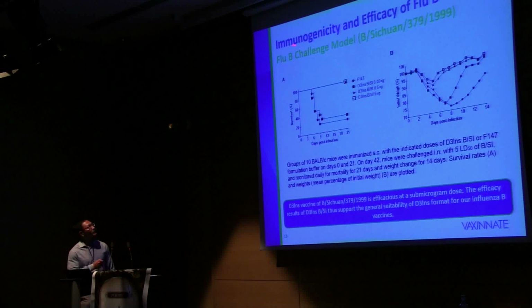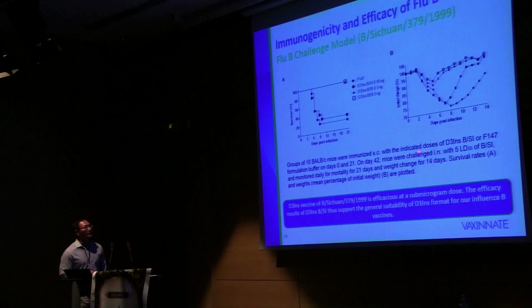In the mouse challenge study, a group of 10 BALB/c mice were immunized subcutaneously with 0.05 or 0.5 micrograms of vaccine candidates, and formulation buffer as a control, immunizing on day 0 and day 21 or day 42.